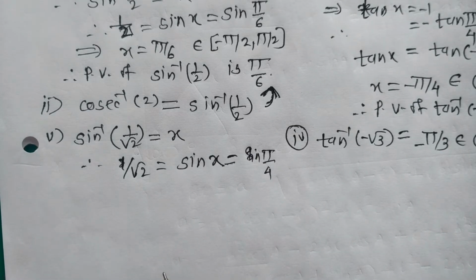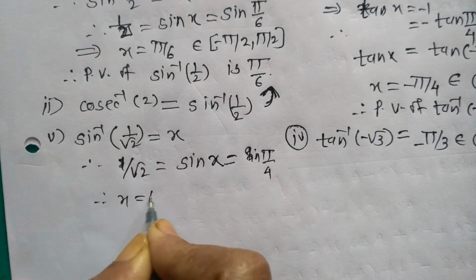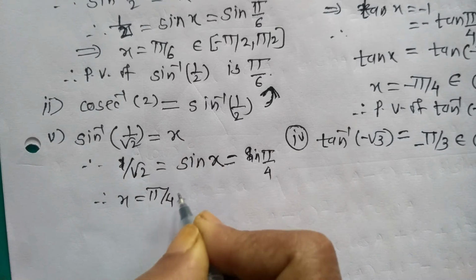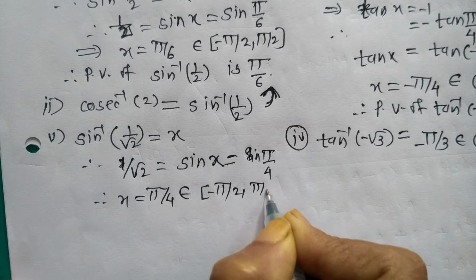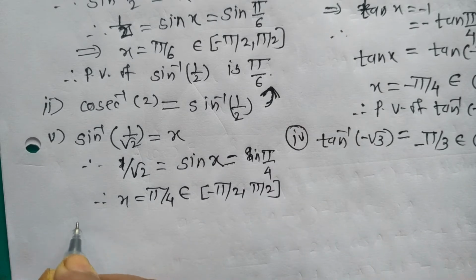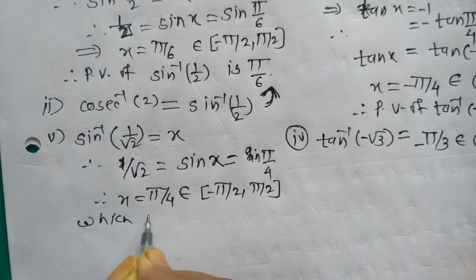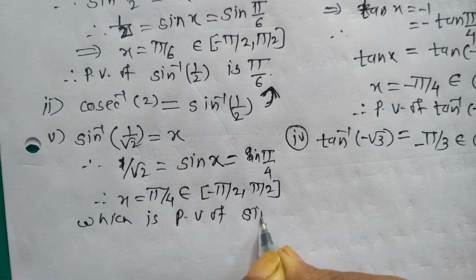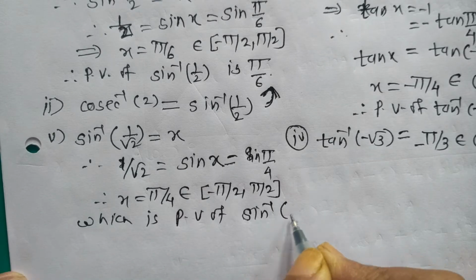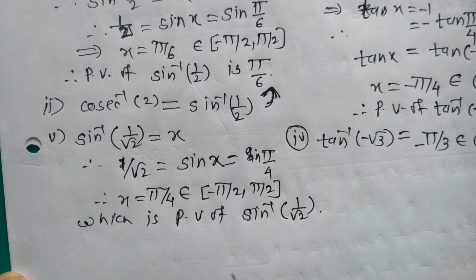For this angle pi by 4, the value is nothing but 1 by root 2, and therefore x is equal to pi by 4, which belongs to the closed interval minus pi by 2 to pi by 2, and which is the principal value of sine inverse 1 by root 2.